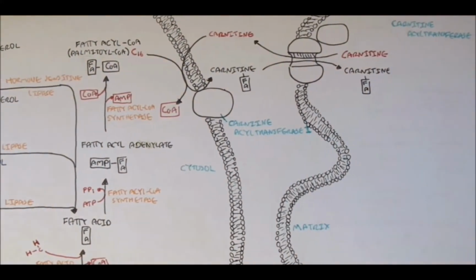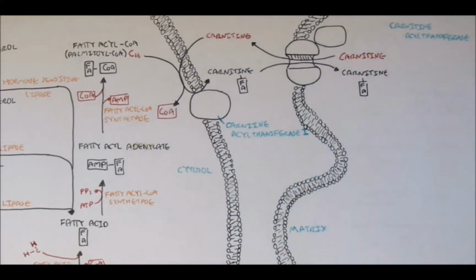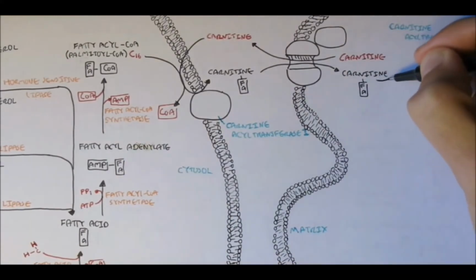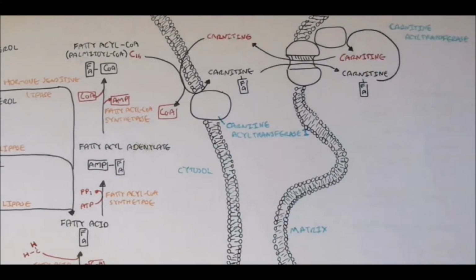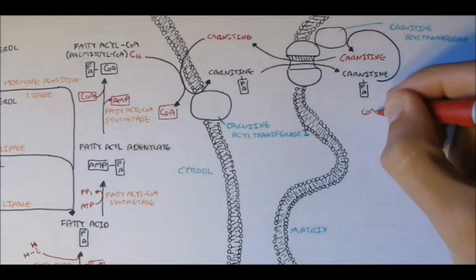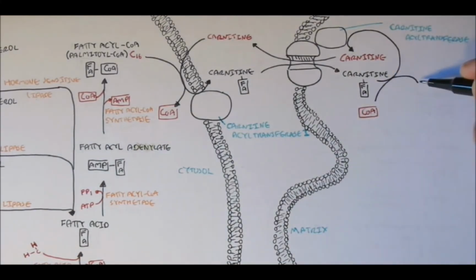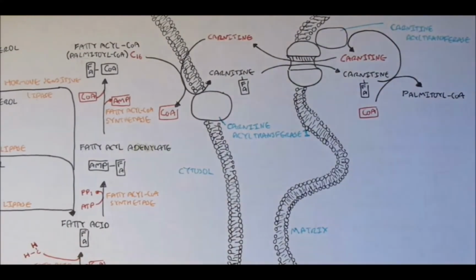Another enzyme, acyl transferase 2, then exchanges the carnitine for a CoA group. So basically, we are back with palmitoyl-CoA again, which is a 16-carbon long fatty acid. And this will then enter fatty acid breakdown, or however long the fatty acid is, which we will talk about next.